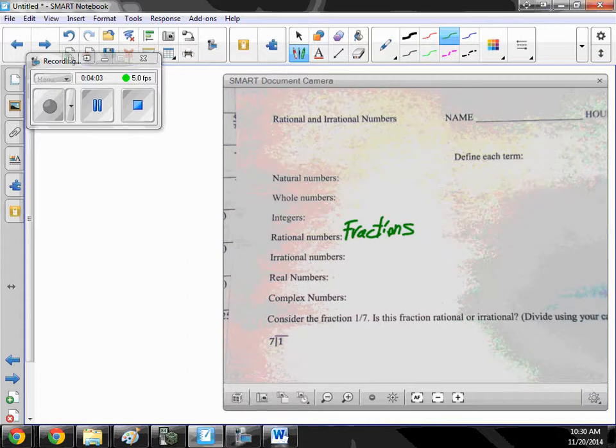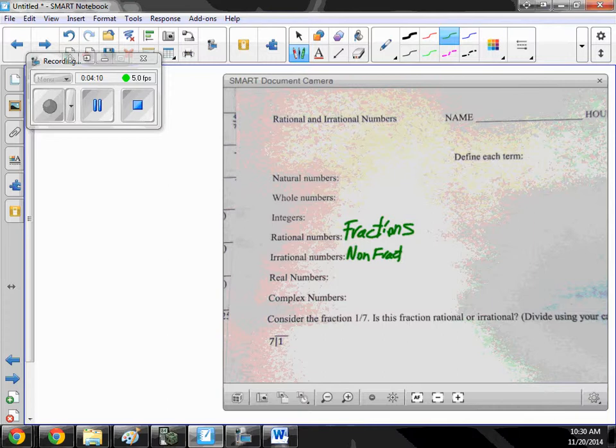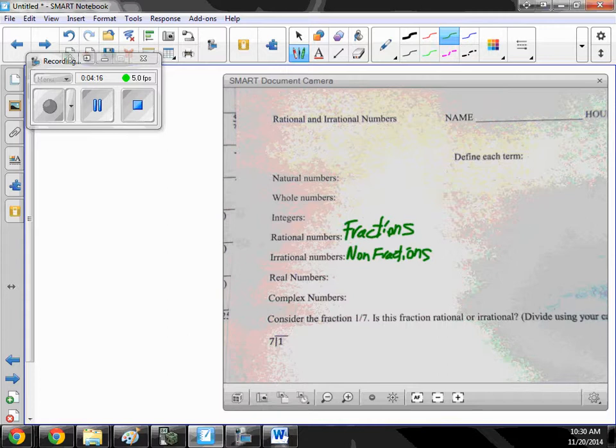So if we move on to irrationals, we would write non-fractions. But that's not the only definition, and in fact, that's not really very useful. Can you think of an irrational number? What's the most famous irrational number? Pi. So irrational numbers would be numbers like pi.